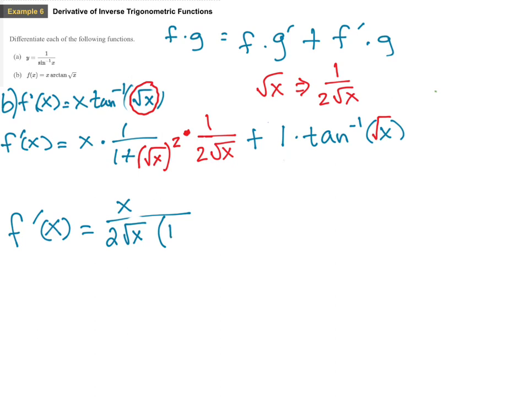X. So 1 plus x. Are y'all catching that simplification? Yes. Okay. Plus tangent inverse of square root x. I think this is really close to the book.